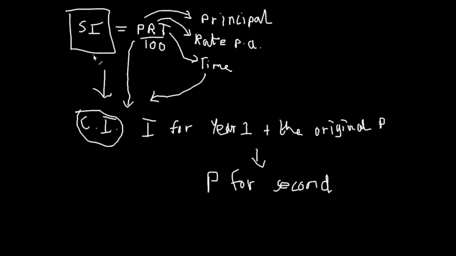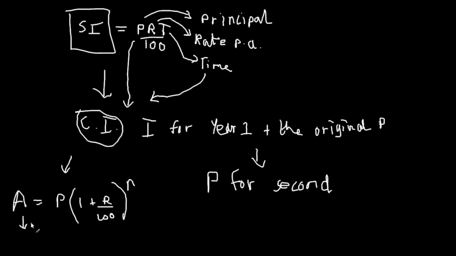Now, the formula for calculating compound interest, it goes something like this. A is equal to P times 1 plus R upon 100, and the whole thing to the power n. Now, A over here is very important. It's not CI, it is the amount.